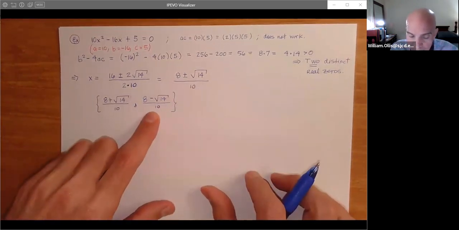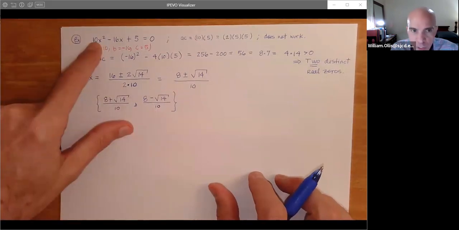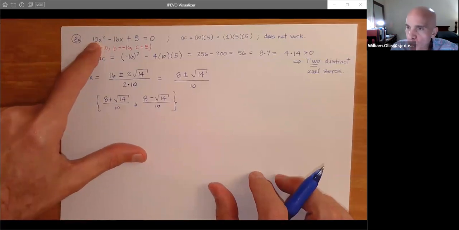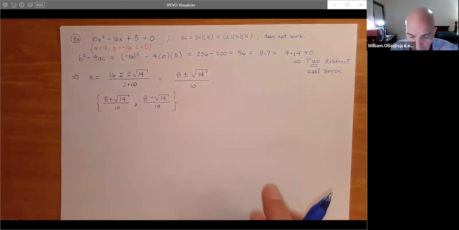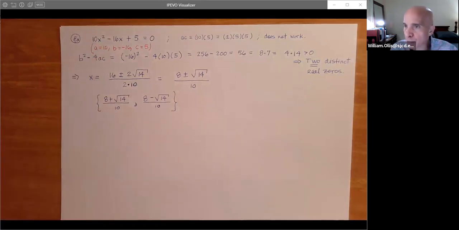Now, the idea is that later on, we're going to talk more about this, but you can see that the leading coefficient here is 10. And so when we do a complete factorization, there'd be a 10 on the outside, and then we'd have an x minus this number and an x minus this number. I'll say more about that when we review a complete factorization.